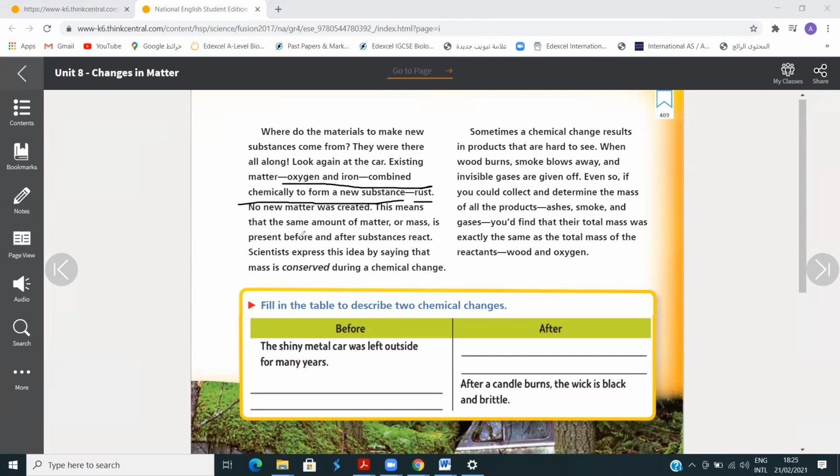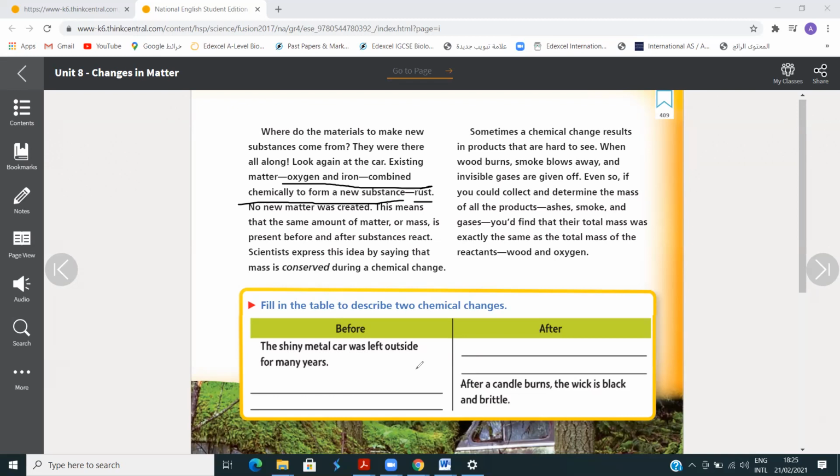Here's the question about chemical reaction. The shiny metal car was left outside for many years. So this is rust. We said rust means the combination between iron and oxygen to form what's called iron oxide in nature.